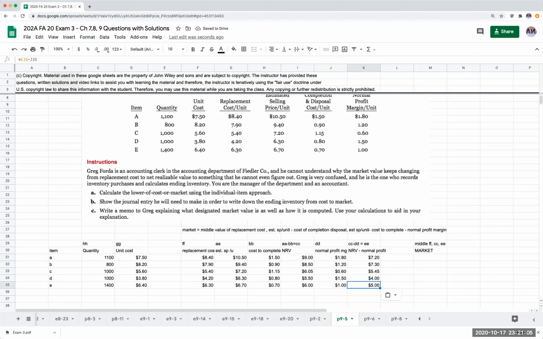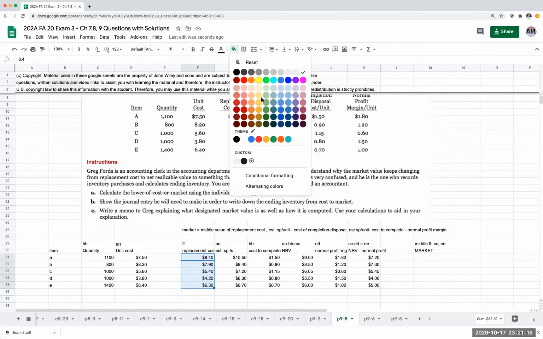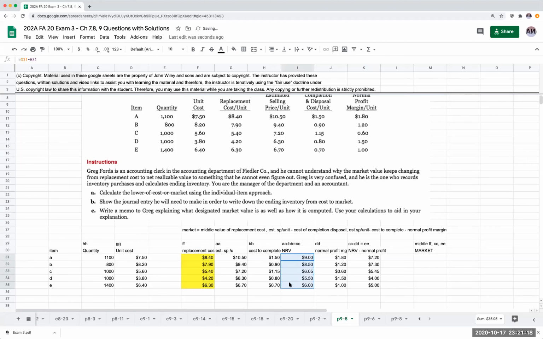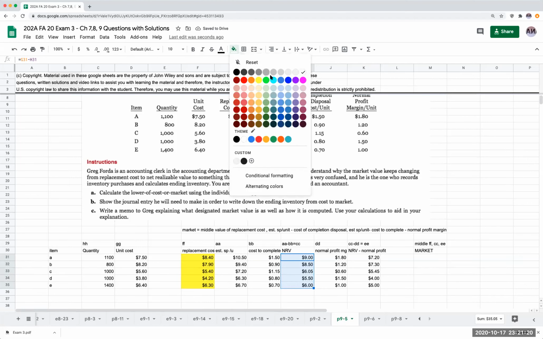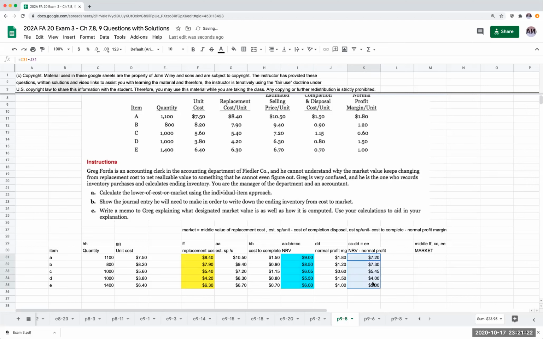Now I need to determine what my market is, which is the middle value of these 3 items right here.